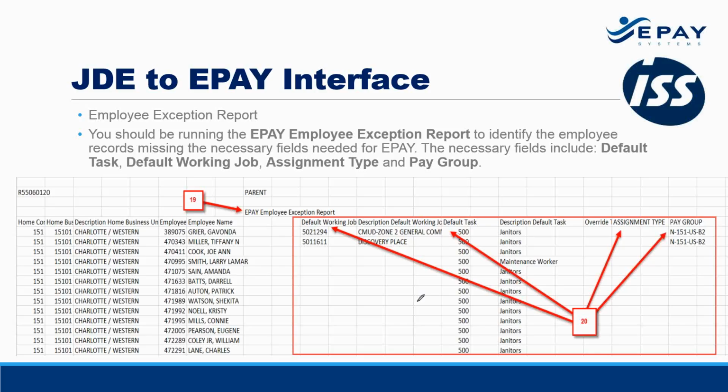If the employee is in an initiate hire status, basically a status where you're hiring them but you're waiting on a background check, or maybe you're waiting on a couple pieces of information, initiate hire status will automatically trigger this interface. So if they're initiate hire or hired, you need to make sure all of the fields are correct, and as you know, the system is already picking that record up as part of the daily, every 30-minute feed.